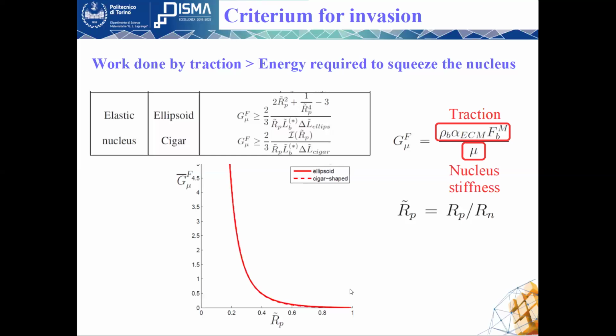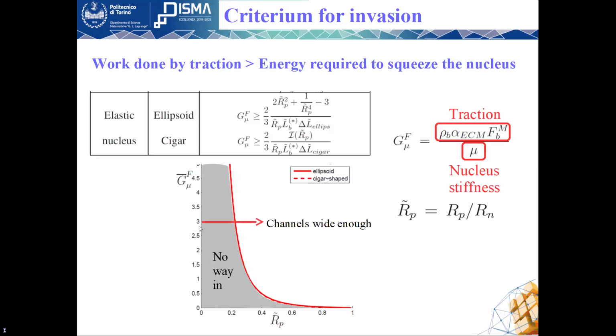This red line here discriminates, in this space of G and this geometrical feature of your gel, a region in which the cell cannot penetrate the gel from a region in which they can crawl through the gel, including the extracellular matrix.